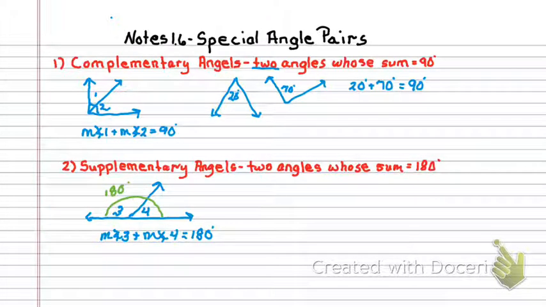Supplementary angles. I could also have an obtuse angle, let's say of 110 degrees, and an acute angle of 70 degrees.